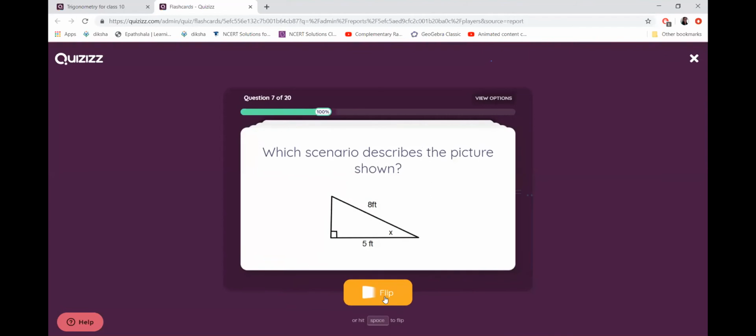Next, which scenario describes the picture shown? So there were some statements given. You had to read those statements clearly and try to tell which is that statement which exactly describes this situation. Why I gave this is giving the problem, drawing the diagram is one aspect. If the diagram is given, if you are able to guess what the question is, it is excellent because you are able to frame a question.